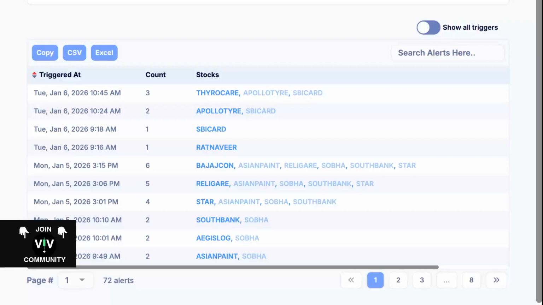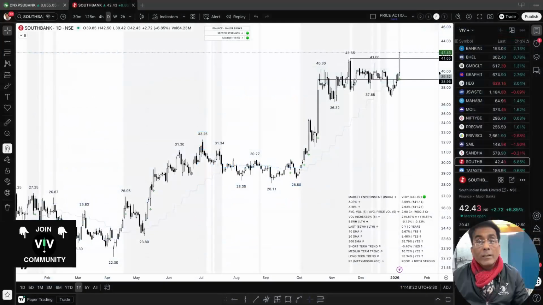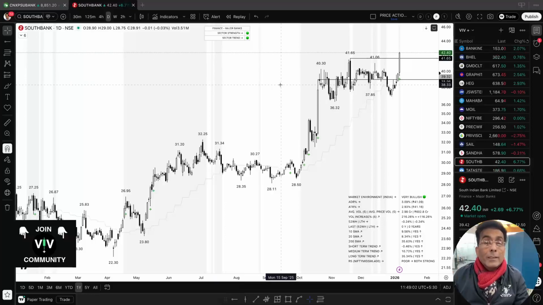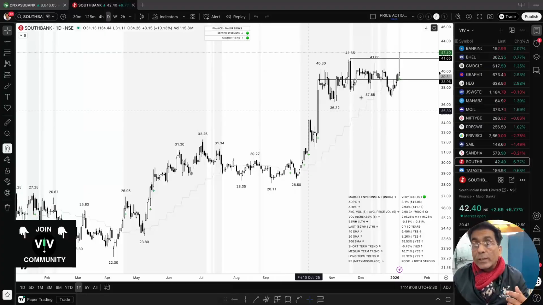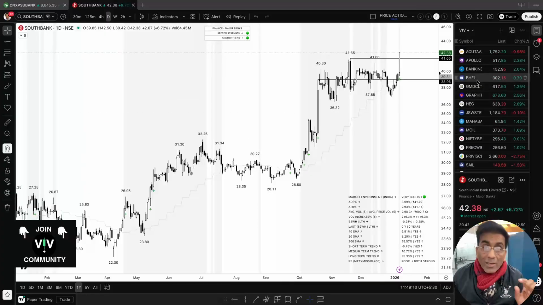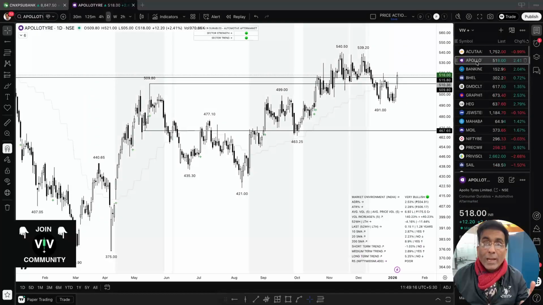So we have to see what the sector is doing, and that can help you. Our system automatically detects which sector this stock belongs to and how that sector is doing. Just now, one hour back, I added Apollo Tyres. Why?